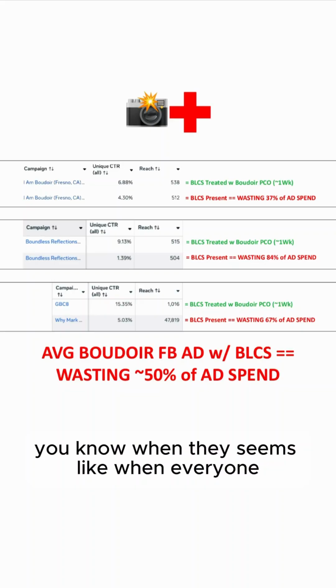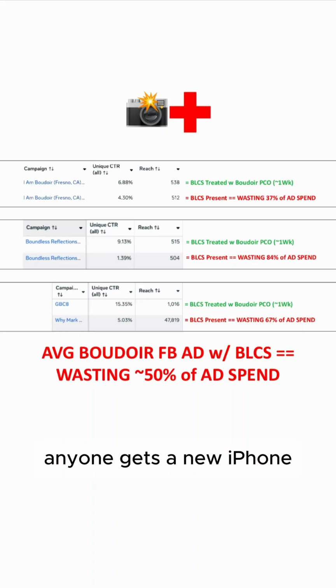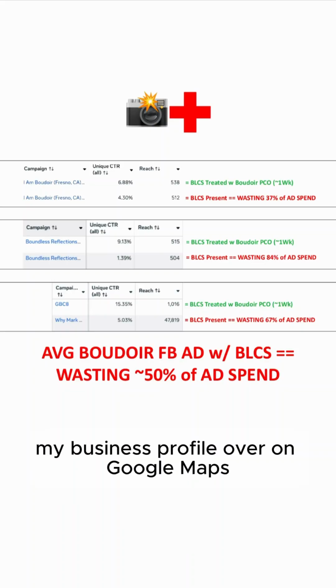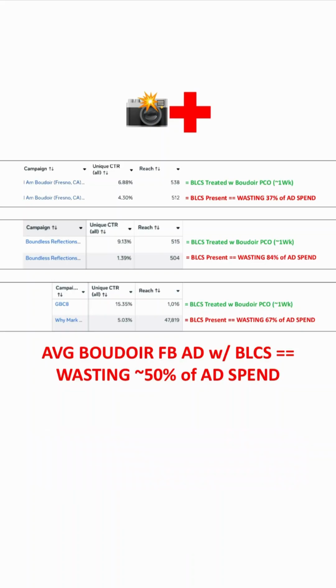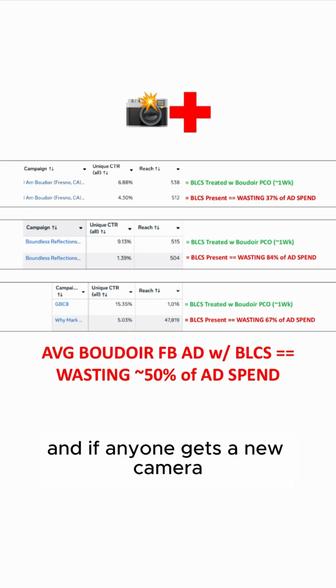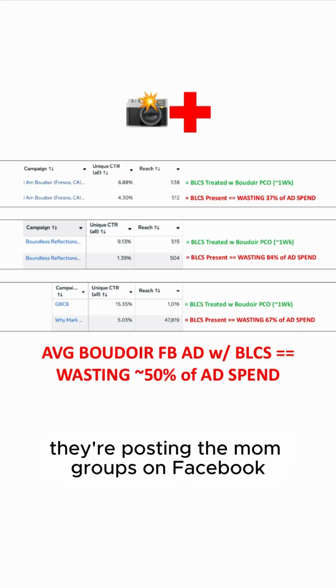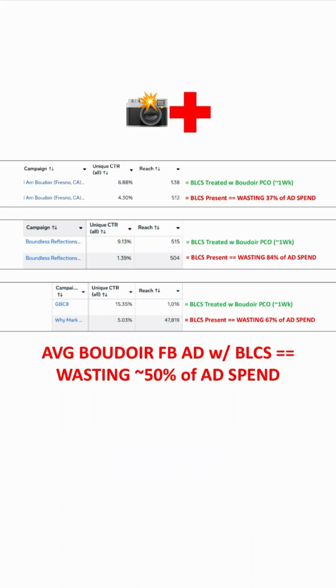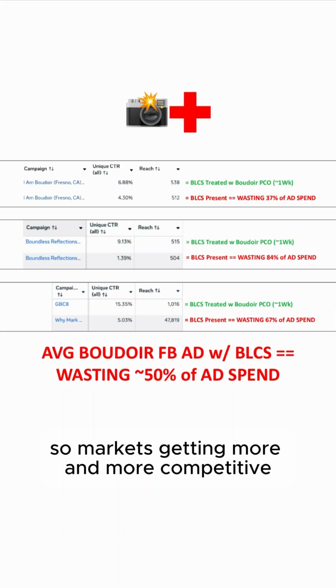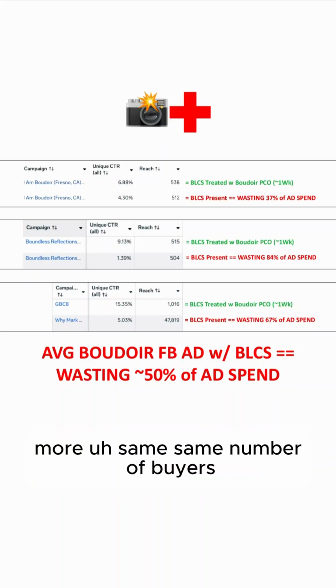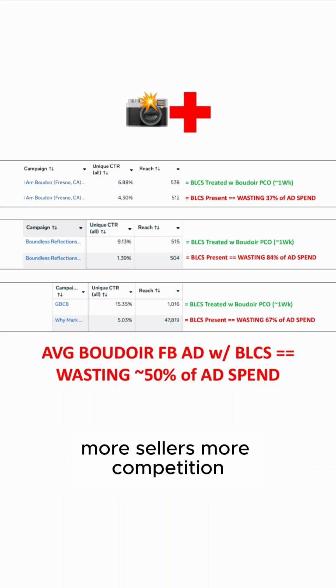It seems like anyone who gets a new iPhone is throwing up a new Google My Business profile over on Google Maps, saying they offer Boudoir. And if anyone gets a new camera, they're posting in the mom groups on Facebook that they also shoot Boudoir. So the market's getting more and more competitive. Same number of buyers, but more sellers, more competition.